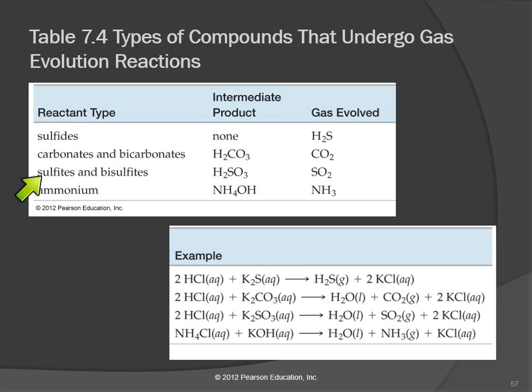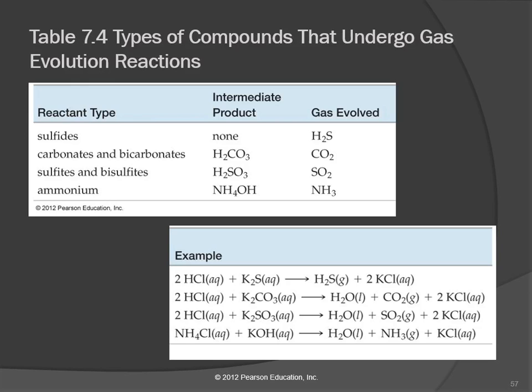The other 3 types generate an intermediate product. Carbonates and bicarbonates, sulfites and bisulfites, and ammonium all generate intermediates. The intermediates are carbonic acid, sulfurous acid, or ammonium hydroxide. And these decompose into carbon dioxide, sulfur dioxide, or ammonia.